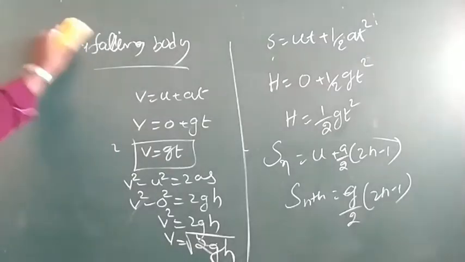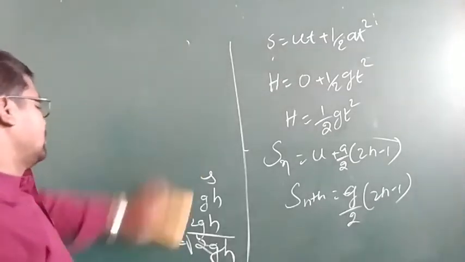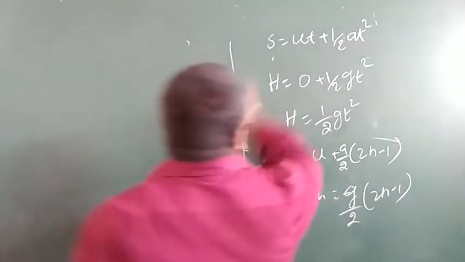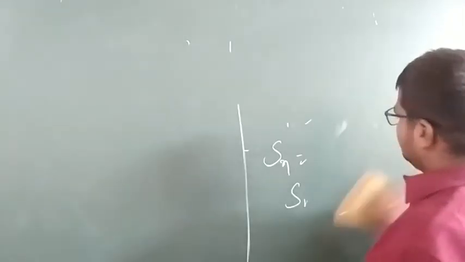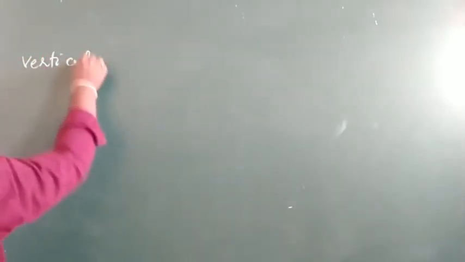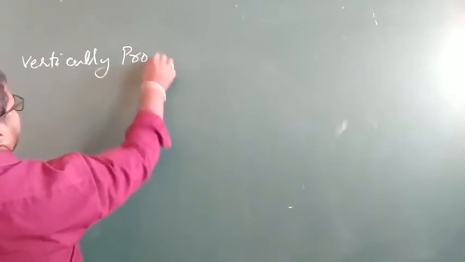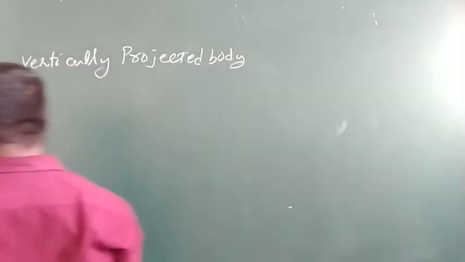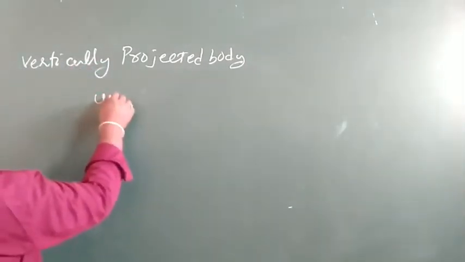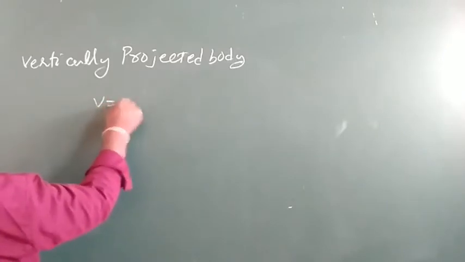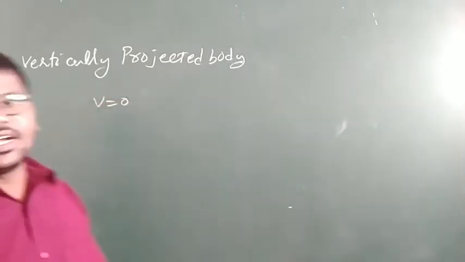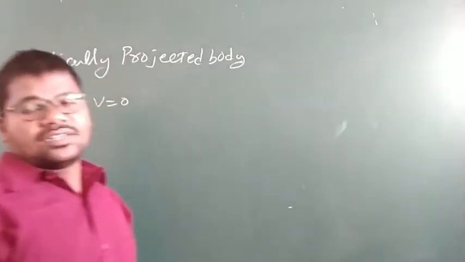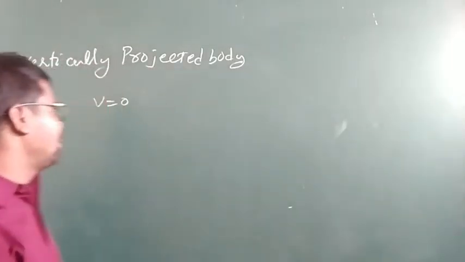Okay, then a vertically projected body. In this case, the final velocity v value is 0. Final velocity 0.